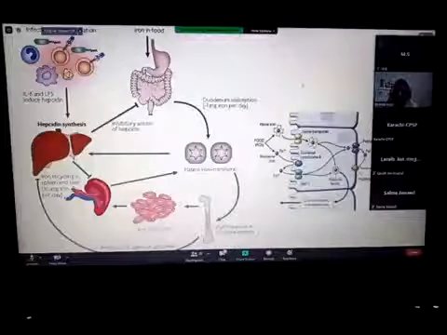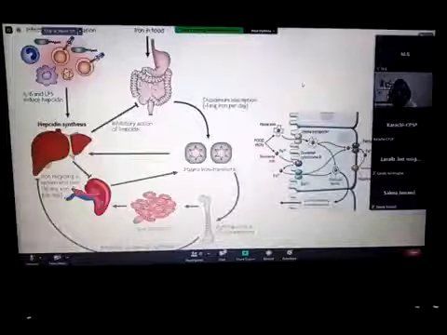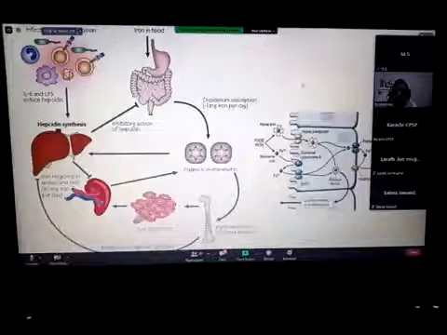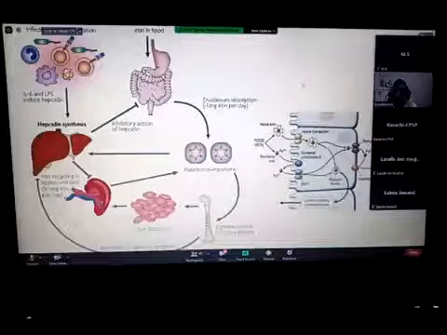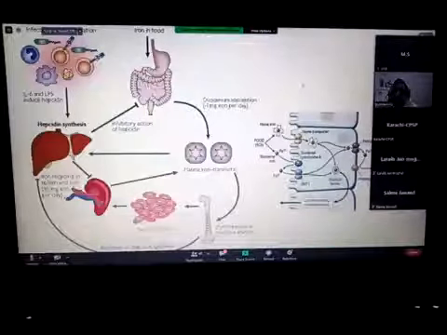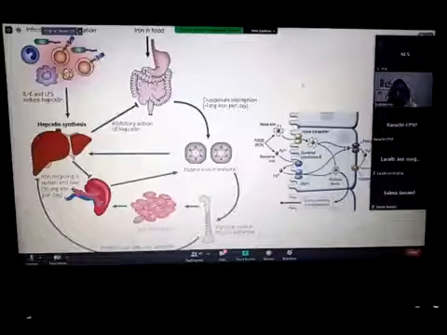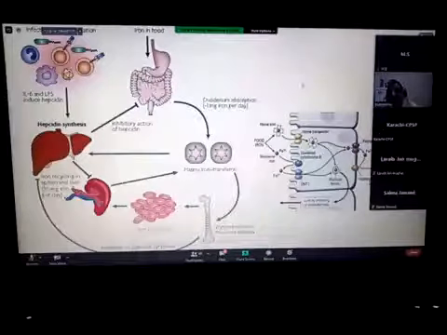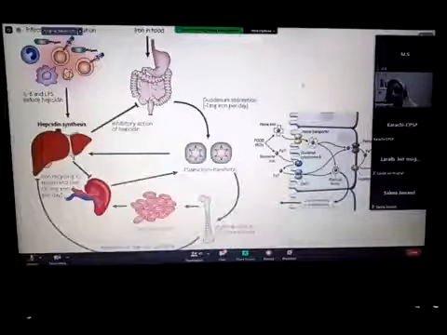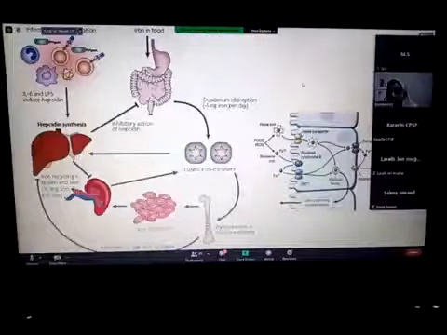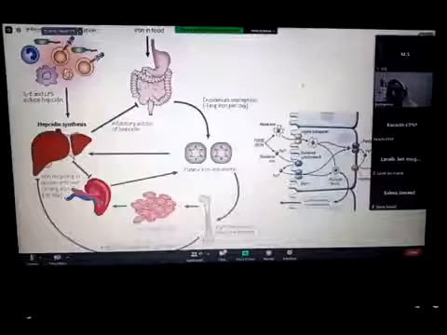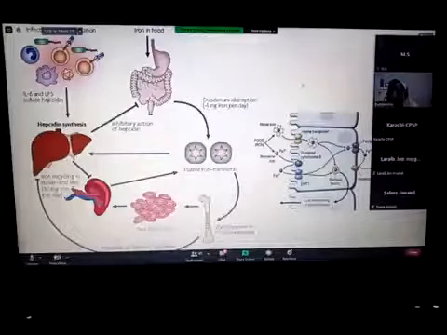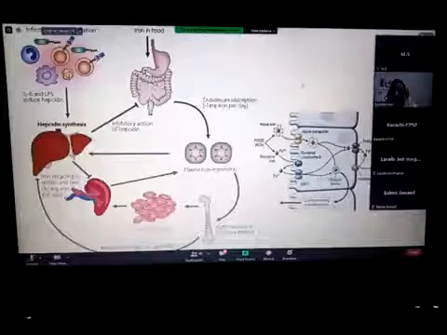So you can understand that there's a very fine regulation of the absorption. The genes here, along with hepcidin, which is the HFE gene, decide whether the iron will be circulated to the blood and taken to the erythroid marrow, or it will stay in the mucosal cell.